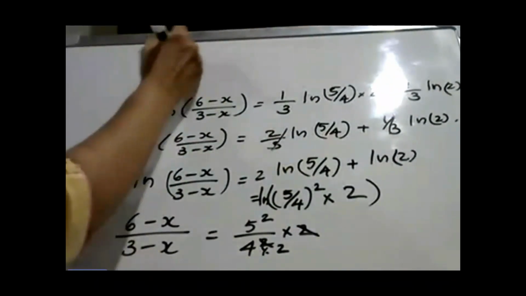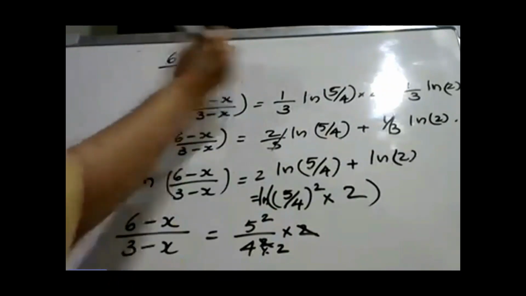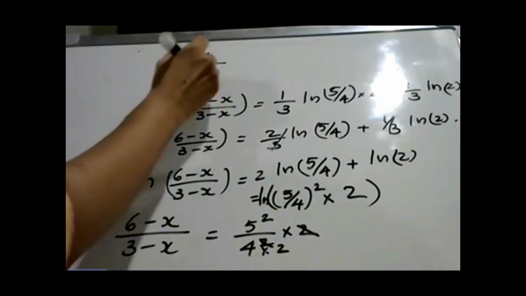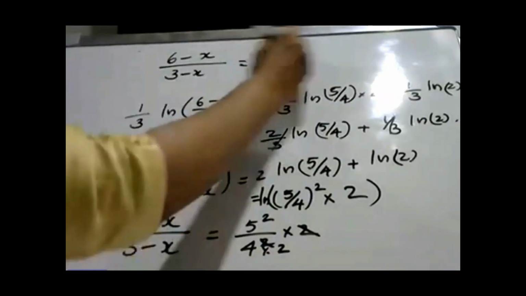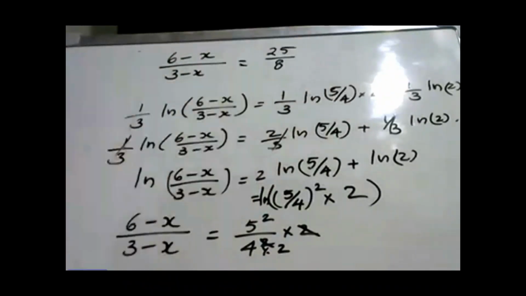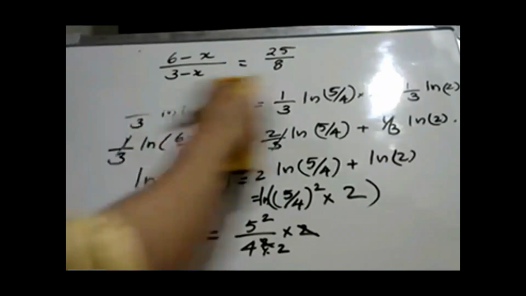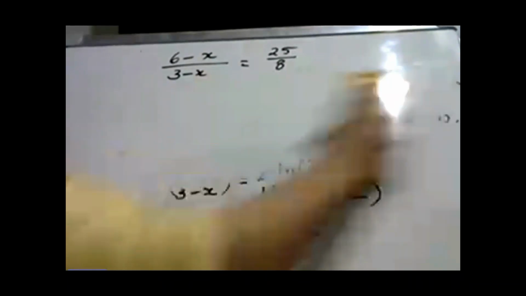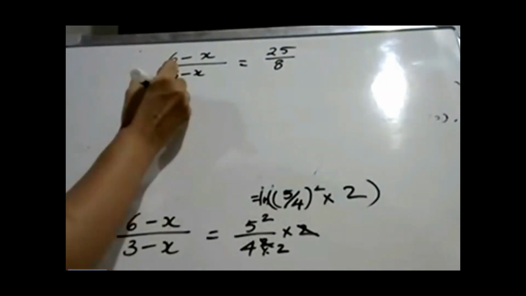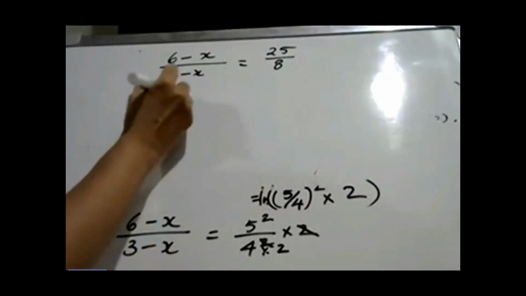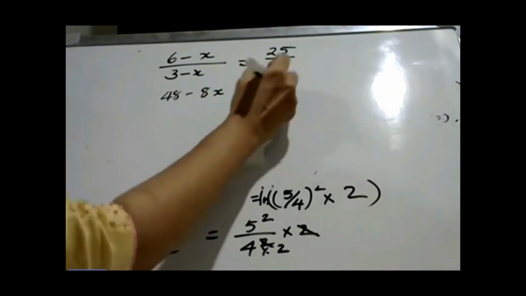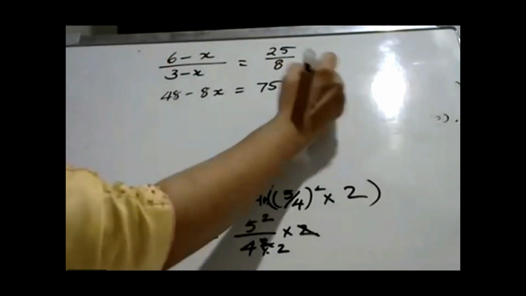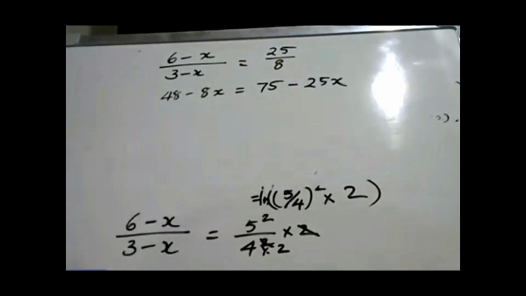So now our equation is (6 minus x) over (3 minus x) is equal to 5 squared over 16 times 2, which is 25 over 8. Now let us simplify and find the value of x. So 8 times 6 is 48 minus 8x is equal to 75 minus 25x.